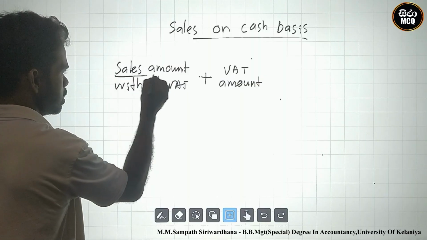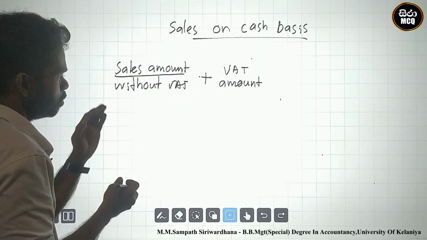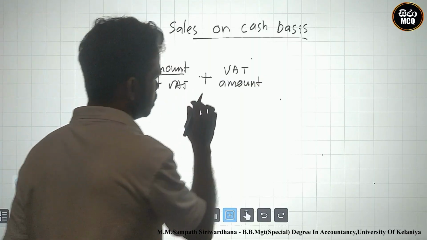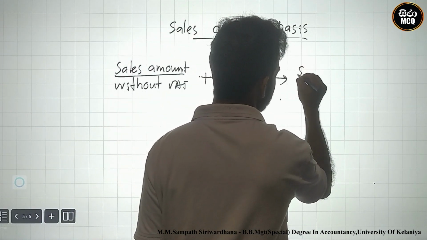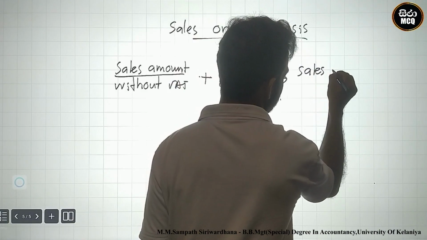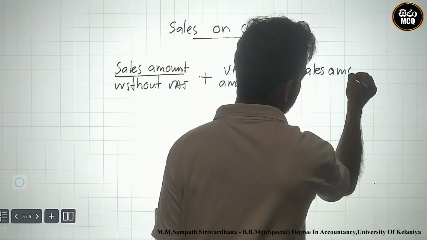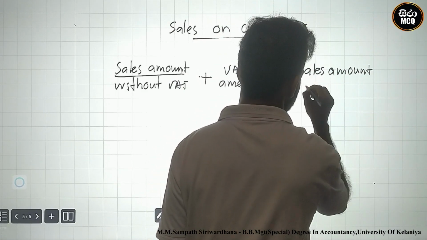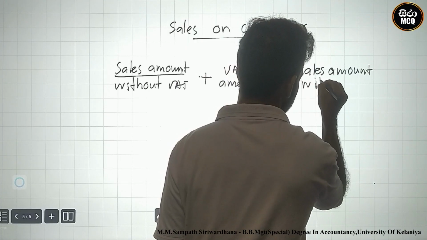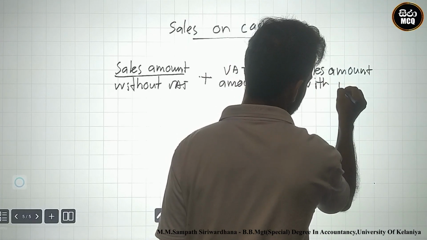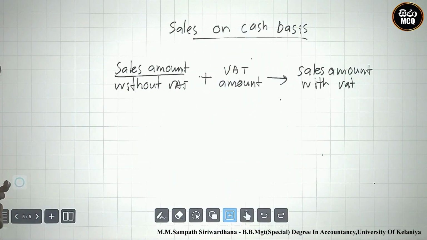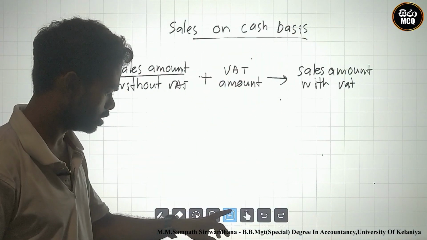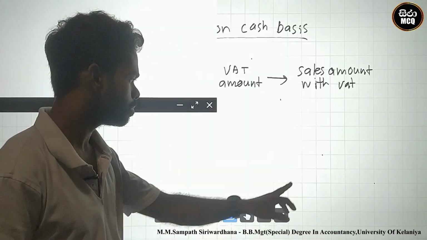This is the sales amount, the selling price without VAT. We add the VAT amount and we get the sales price, the sales amount with VAT, including VAT. We must fulfill this schedule.